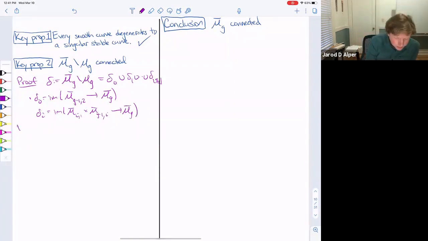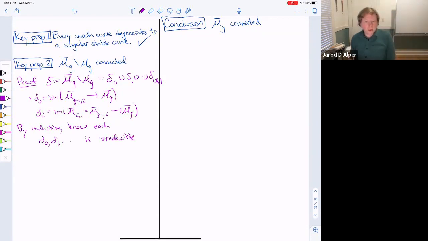And then by induction on the genus, we know each delta i is irreducible. But we also know they intersect.